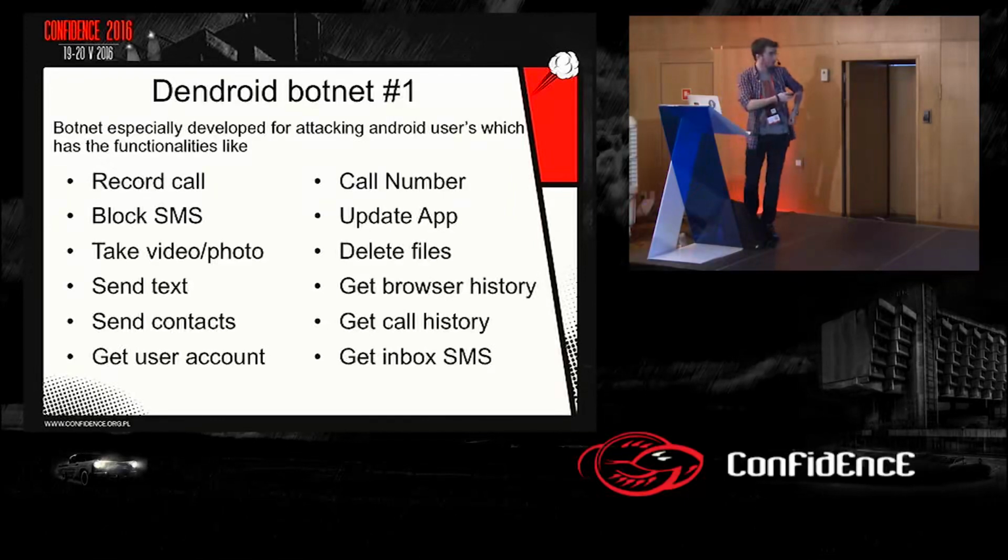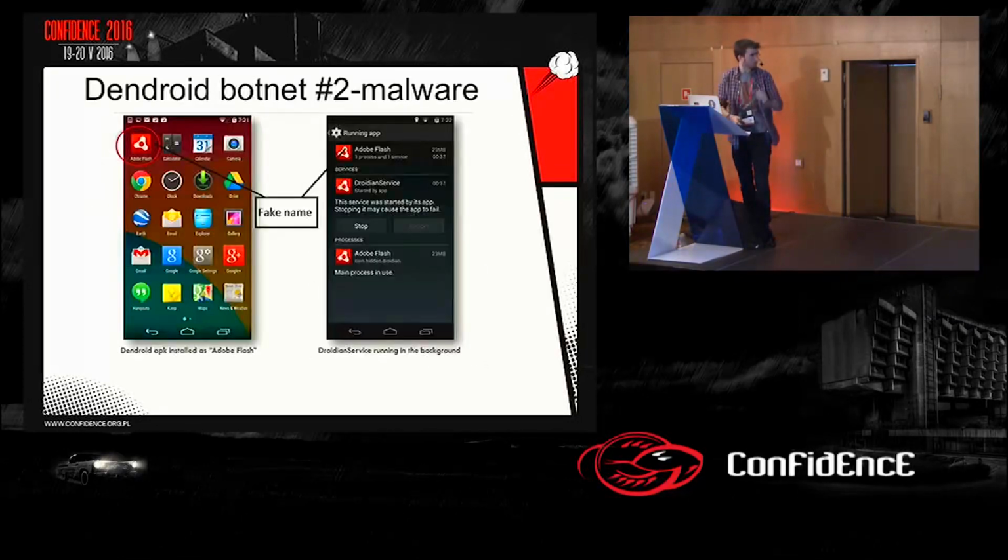Then another kind of malware is the Android botnet. It is basically a botnet for attacking Android users, and it can have all of these features if you are able to install this malware on the victim: record calls, block SMS, take video and photos, send messages, record audio. So many things.